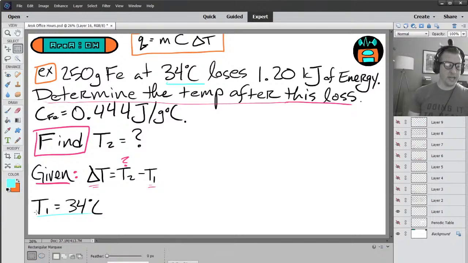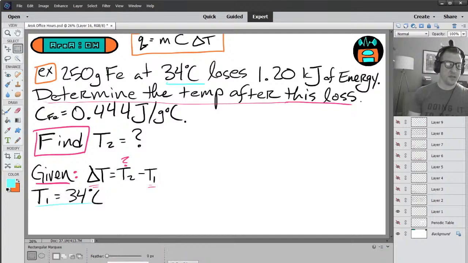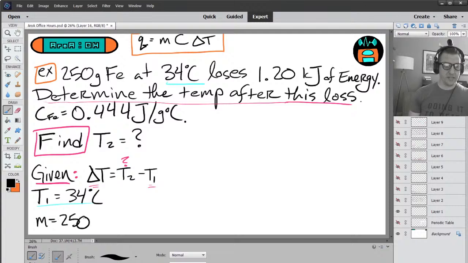Let's see what else we are given. All right, what else are we given? We're given the mass of our metal, 250 grams. We're given Q. It's 1.20 kilojoules. We're also given our specific heat capacity.